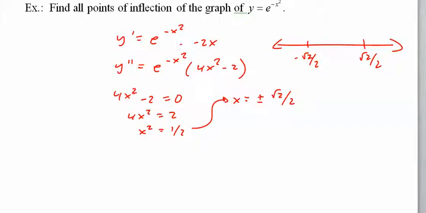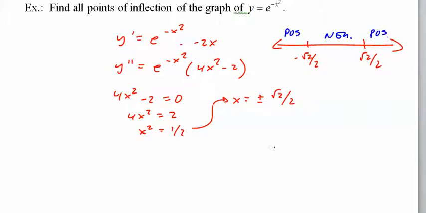I've got to plug it into the second derivative. If I put in 0, I get a negative number times something that's always going to be positive, so this is negative. If I put in anything greater or less, I'll get positive.